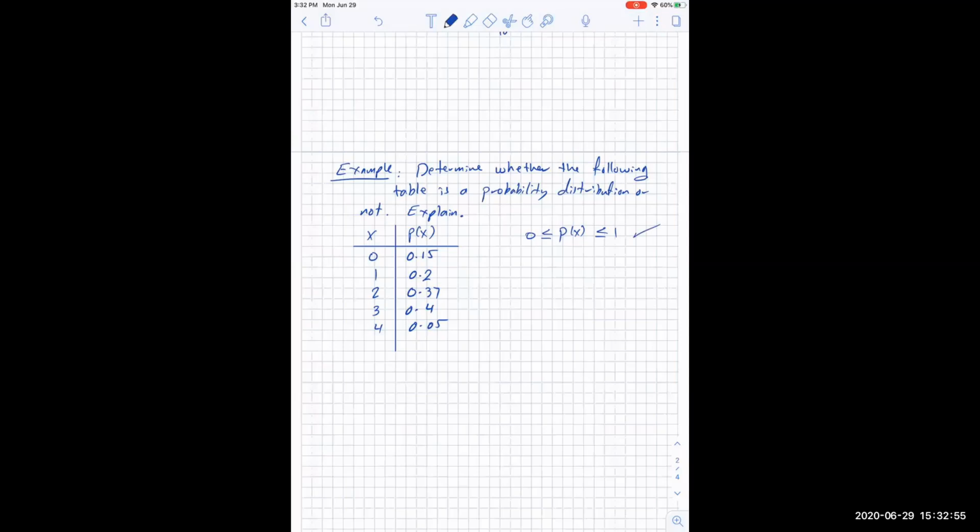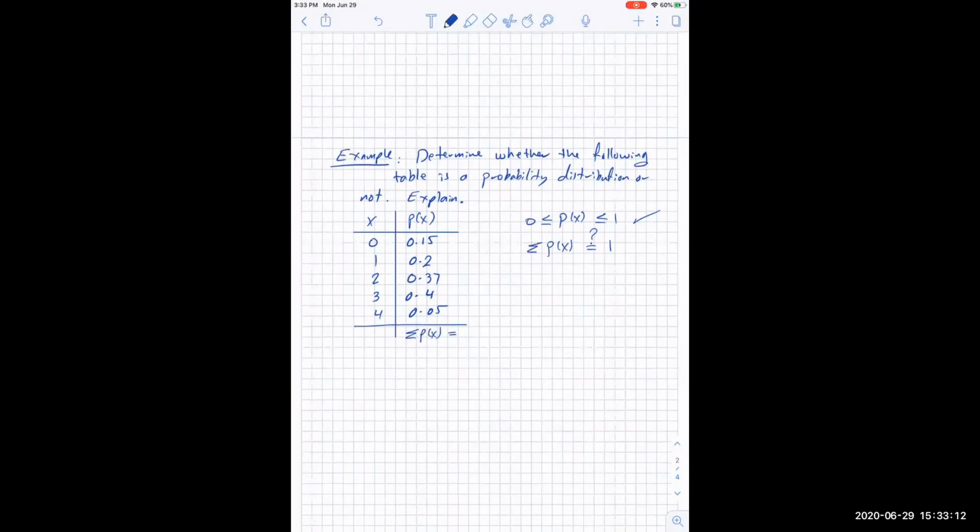Second condition, is the sum of all the probability values equal to 1? Let's find out. Let's add the values in the second column. 0.15 plus 0.2 plus 0.37, 0.4, 0.05.